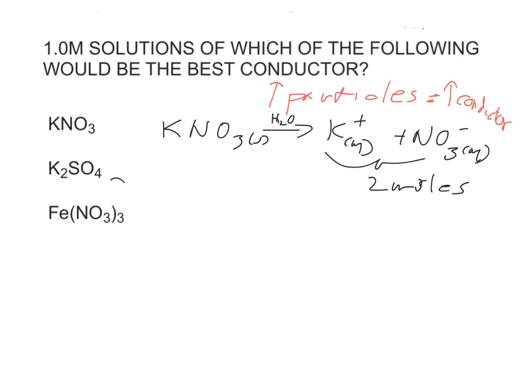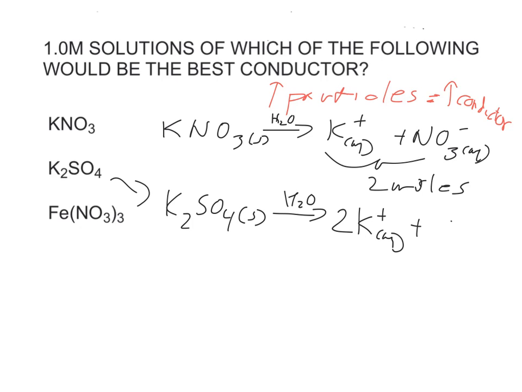For every 1 mole of potassium sulfate I place in water, I get 2 potassium ions and 1 sulfate ion. So for every 1 mole of potassium sulfate I place in water, I wind up with 3 moles of particles.